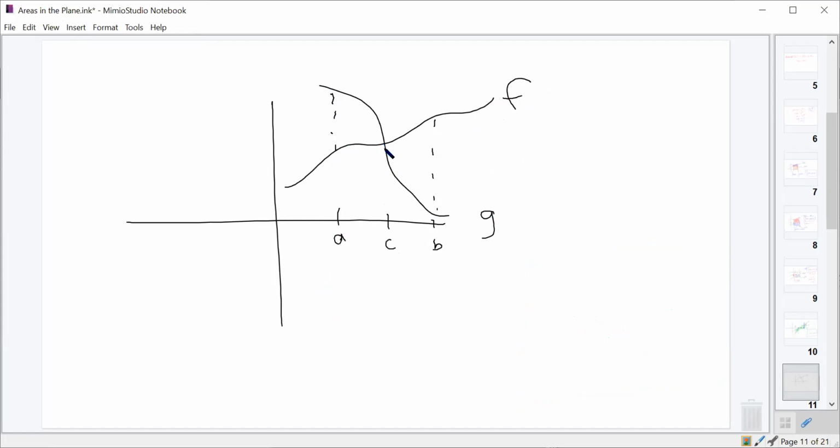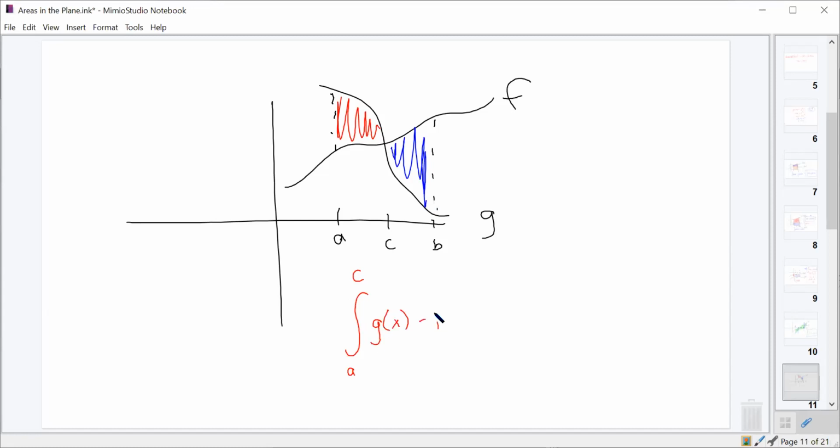So I would have to find this point of intersection and to find the total area here, the red plus the blue, I'd have to do the integral from a to c of what minus what for the red? G minus f.